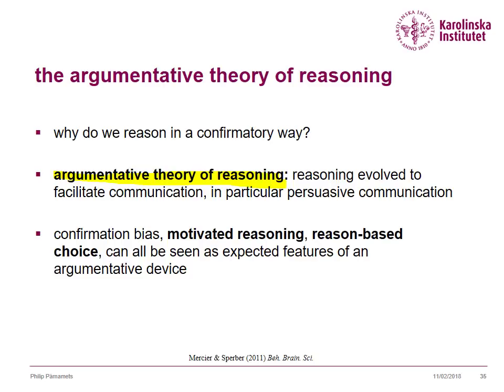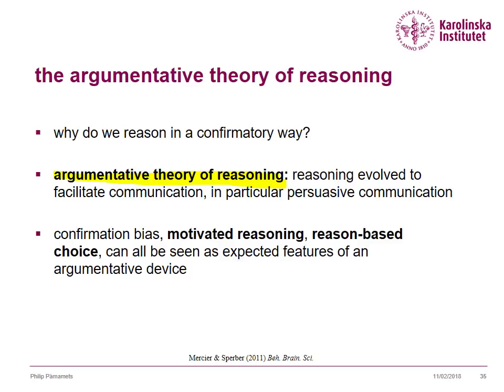The idea on the argumentative theory of reasoning is that we evolved a reasoning faculty that was very good at detecting bad reasoning in other people, but very bad at detecting bad reasoning in ourselves.